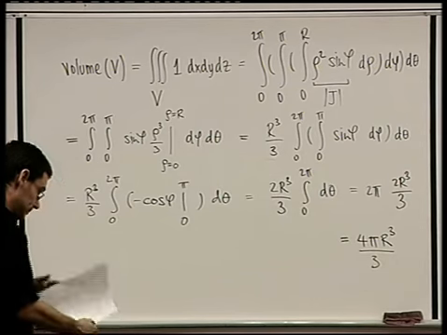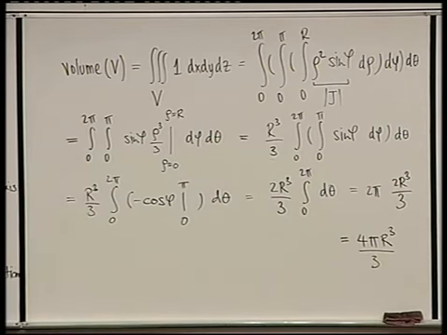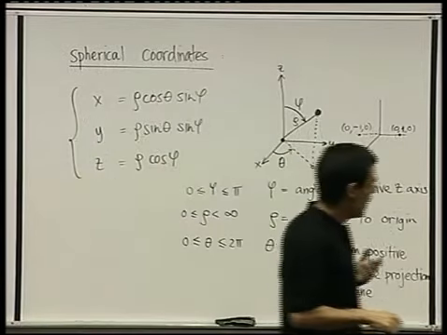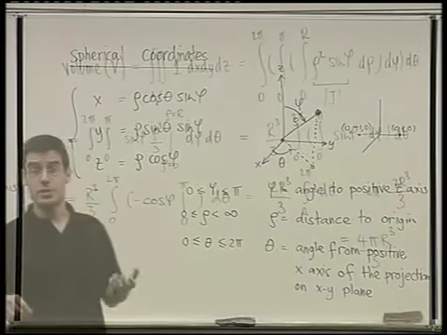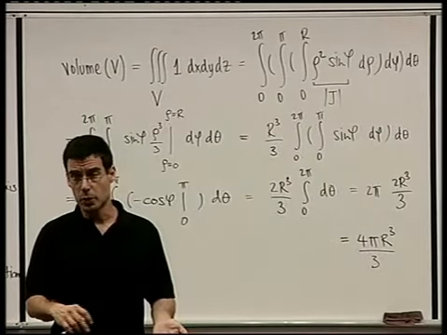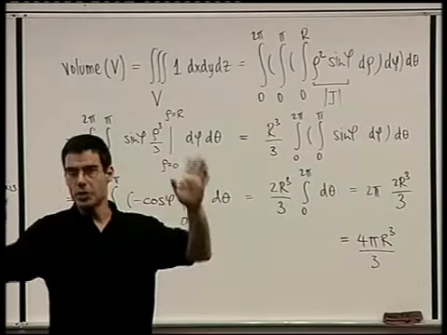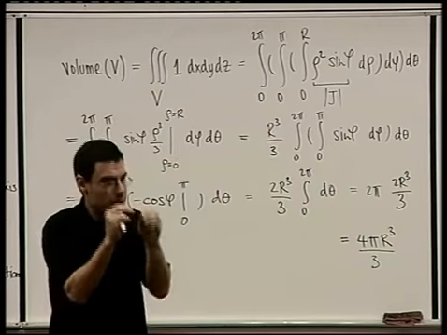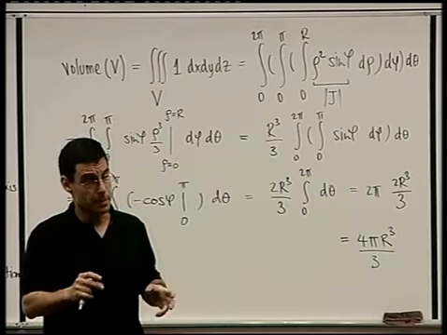I want to do one more example of changing variables. And the last example is going to be what we called ad hoc-ish. So rather than use standard spherical coordinates or cylindrical coordinates, I'm going to use some change of variables which is really set up for a specific example.